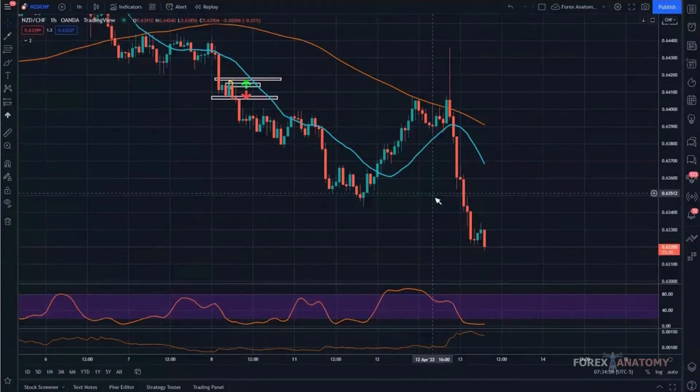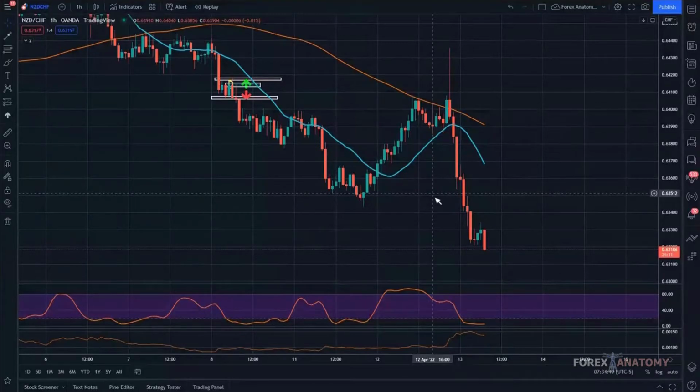The Reserve Bank of New Zealand began to jawbone and become increasingly hawkish, like other central banks, like the Fed and the Bank of Canada, which is coming out this morning as well. But because of that pricing in of higher rates, we begin to see the Kiwi sell off right after the news.